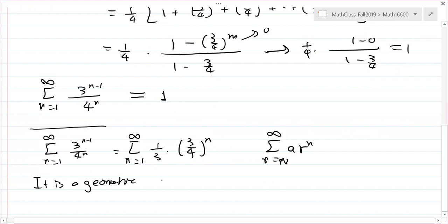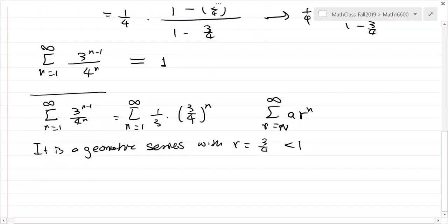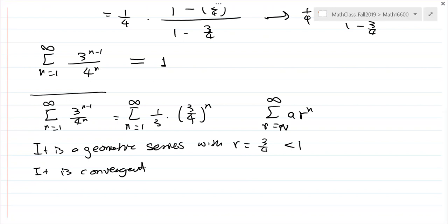It is a geometric series with r equals 3/4, which is less than 1. We know for geometric series we have a theorem there. Then it is convergent. In this case, something we maybe don't want to mention because you already mentioned geometric series, so it implies that you already know the theorem.